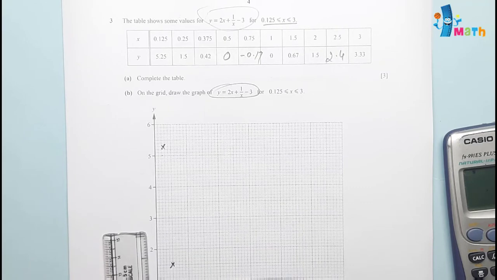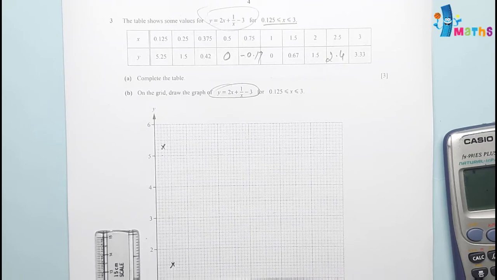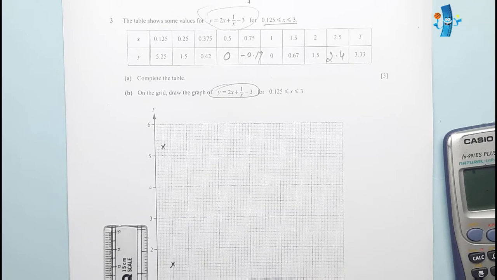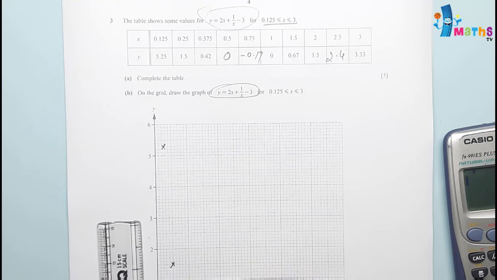Next is 0.375 and 0.42. 0.42 will be up to this point, so we can mark over here. Next, 0.5 and 0 will be this one, and the next point is 0.75 and minus 0.17, which will be this one, so I'll put a cross over here.